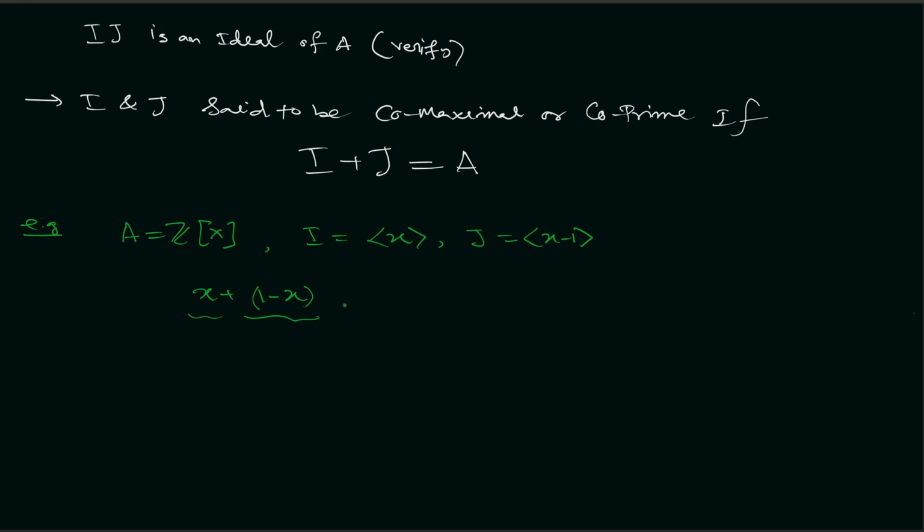So their sum is 1, which is a unit in the ring Z[x]. If a unit belongs to an ideal, then the ideal will be the entire ring. So the ideal generated by x and x minus 1 is equal to the whole ring Z[x]. This is a simple example.